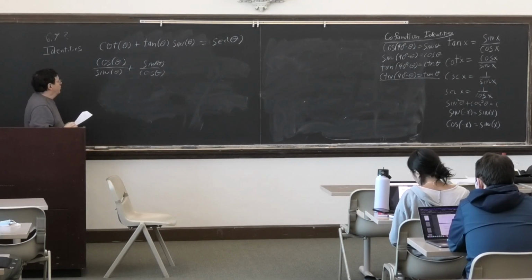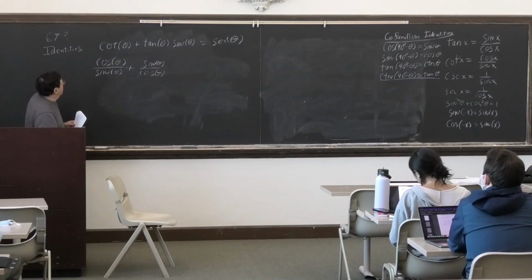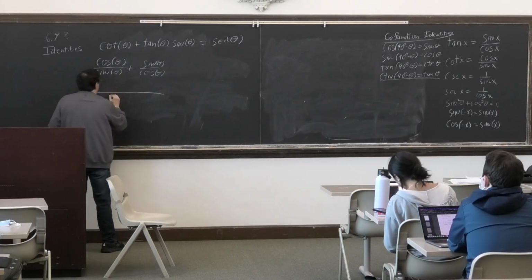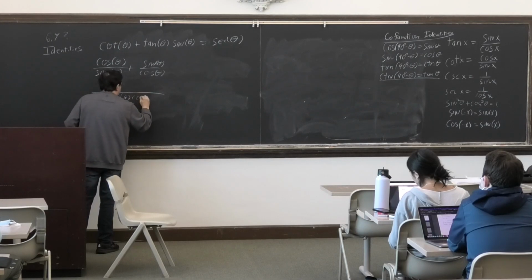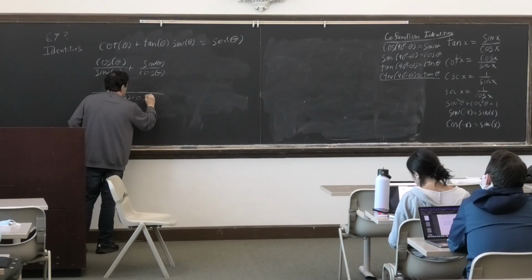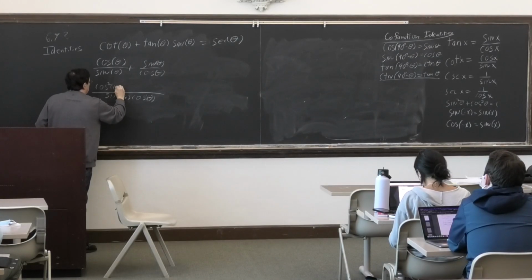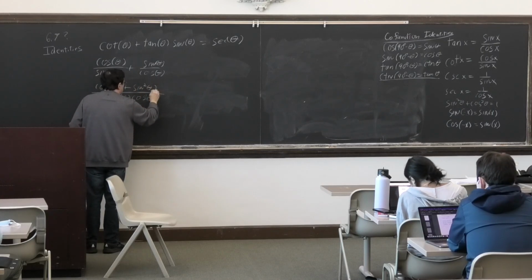Well, what do we do with fractions? Put them over a common denominator. Yes, thank you. So what do we end up with? Our common denominator is sine theta, cosine theta. On top we have cosine squared theta plus sine squared theta.